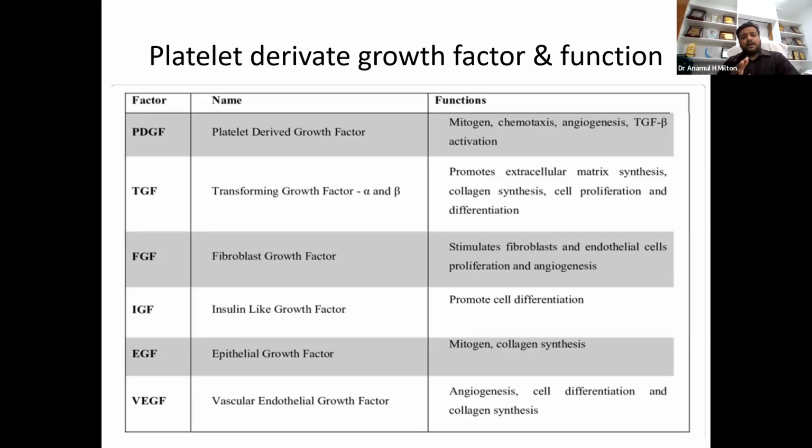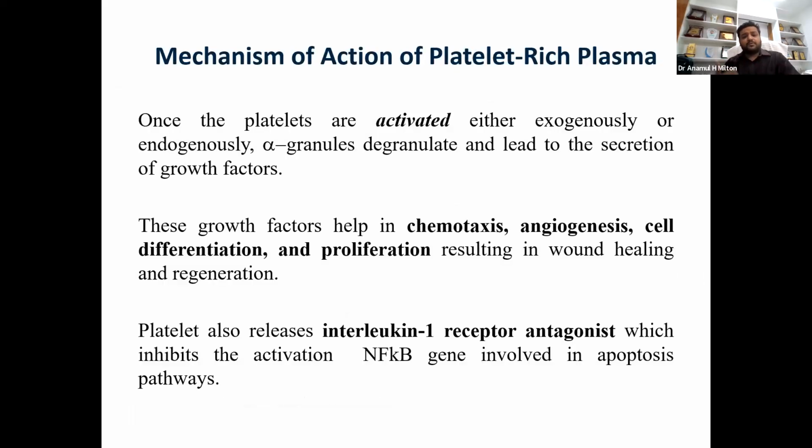So what is the mechanism of platelet-rich plasma in regeneration therapy? Once the platelets are activated, either by exogenous or by endogenous means, the alpha granules secrete the growth factors, and these growth factors help with chemotaxis, angiogenesis, cell differentiation and proliferation, wound healing and regeneration.